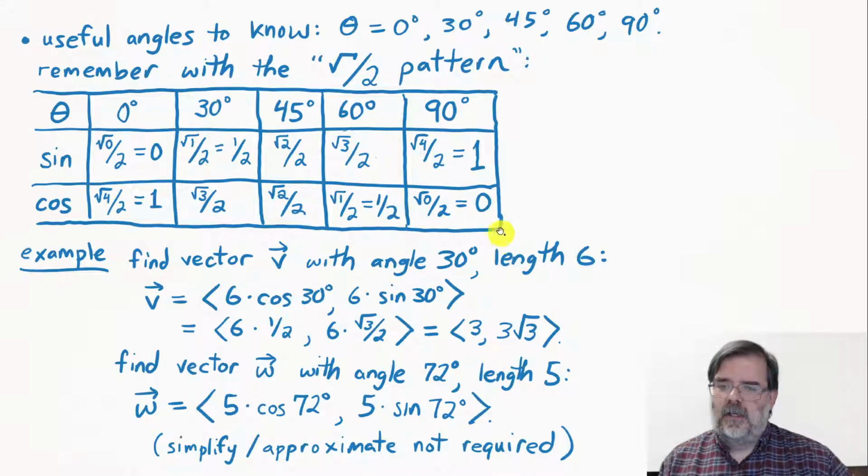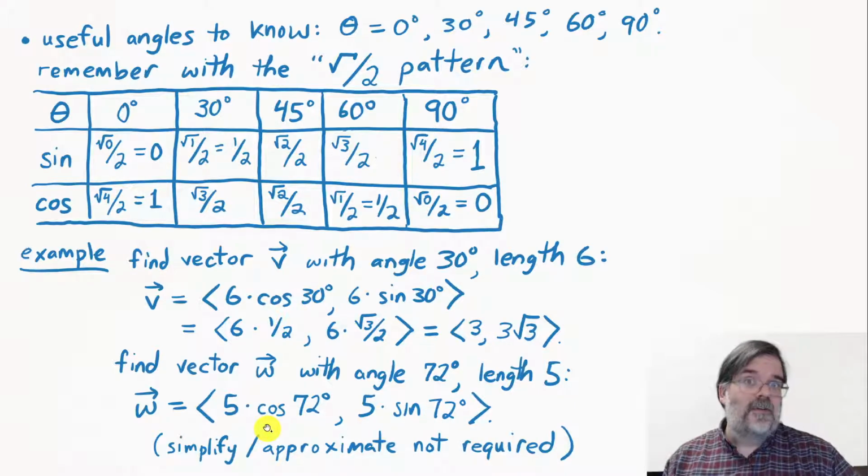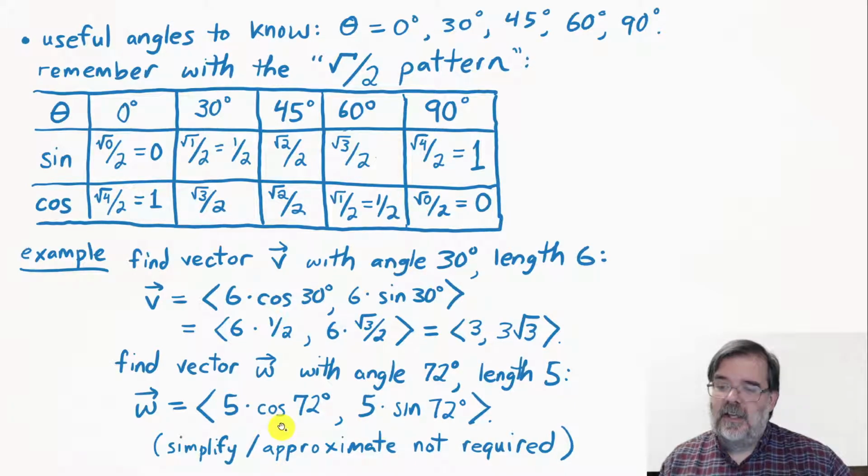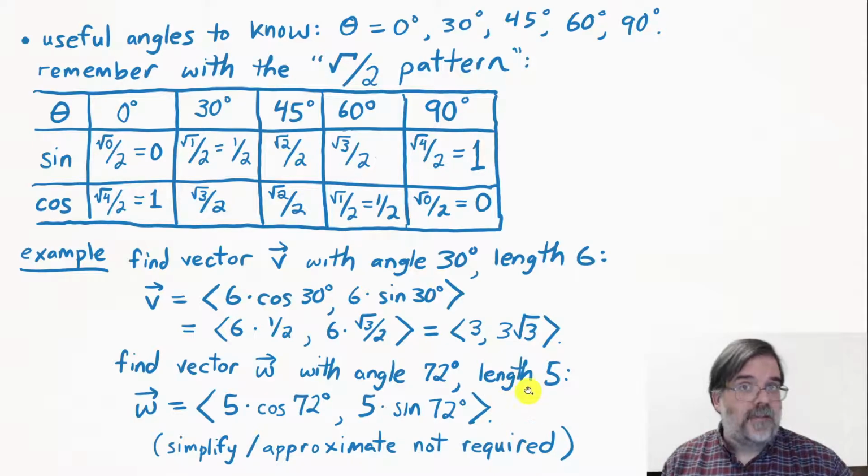At this point, you might wonder, what should you do next? Well, you can just leave it in this form if you want. If it makes you happy, you can try to simplify this. You can use a decimal approximation if you want, but only simplify if it makes your calculations easier. You can just leave the vector in this form. That is fine.